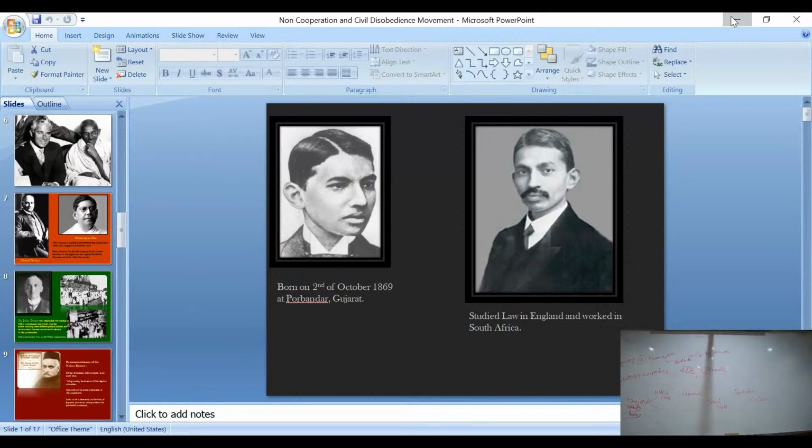Good quality leaves are supplied abroad, and the ones which are not that good they kept for India. Because people can't afford the expensive ones.